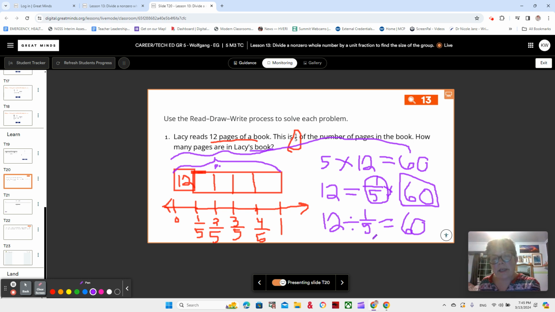We're trying to look at things in a different way, and it'll come out. Just hold on. Okay, so we could ask ourselves that question that we looked at on the chart. 12 is 1/5 of what? 12 is 1/5 of what?